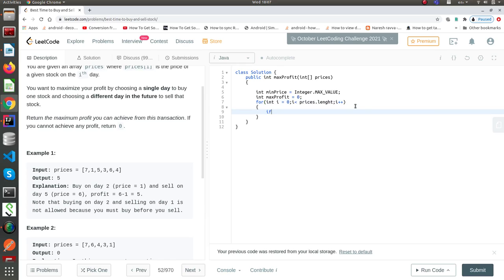So here if prices of i is less than our min price, then we can update our min price. We can set this min price equal to this one. So if it is less, then we keep this one as the min price.